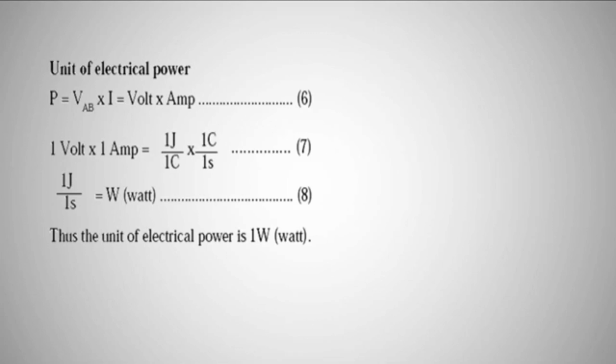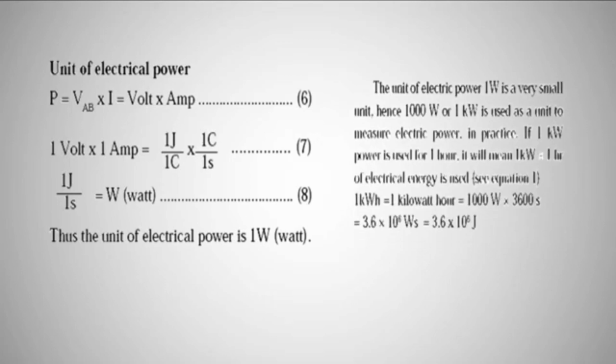Thus, the unit of electric power is 1 watt. The unit 1 watt is a very small unit. Hence, 1000 watt, that is 1 kilowatt, is used as a unit to measure electric power.